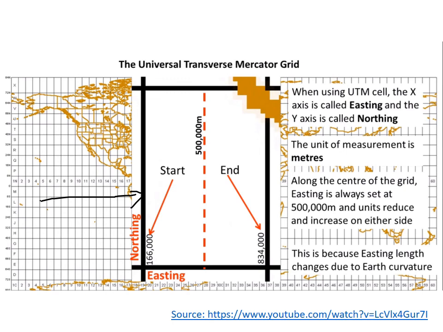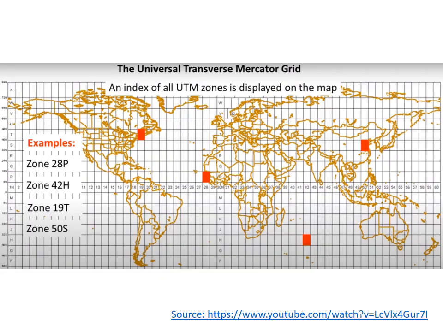When using UTM, the x-axis is called easting and the y-axis is called northing. The unit of measurement is meters, and along the center of the grid, easting is always set at 500,000 meters, and units are reduced and increased on either side. This is because easting length changes due to the earth's curvature.